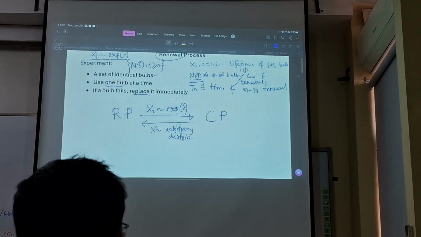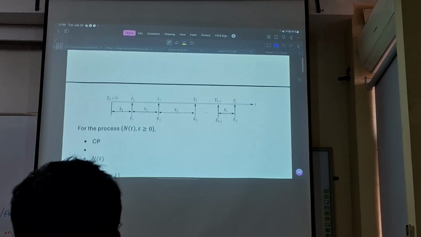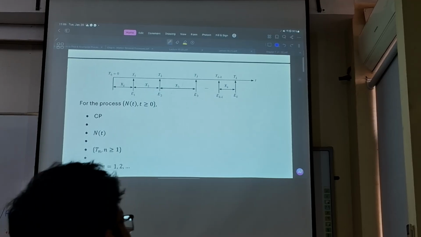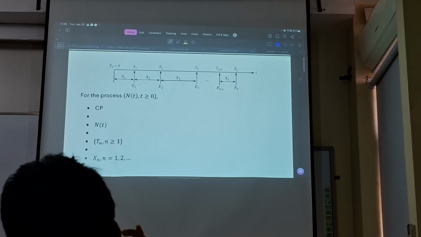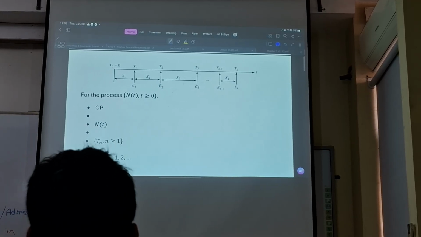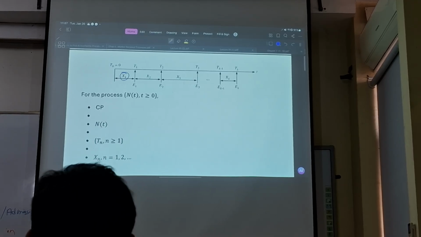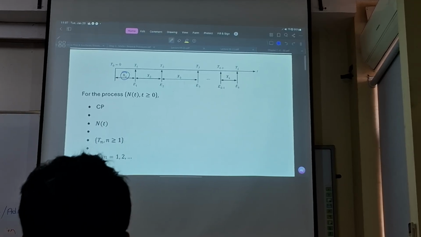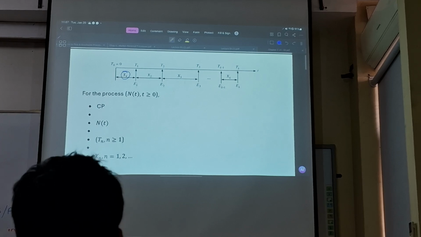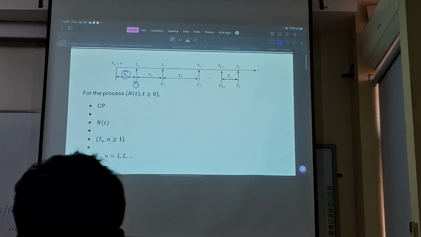So the variables that we have defined here, let us represent by a figure. What is that? This X1 is the lifetime of the first bulb, and when bulb one fuses here, we've got T1, the first renewal time.